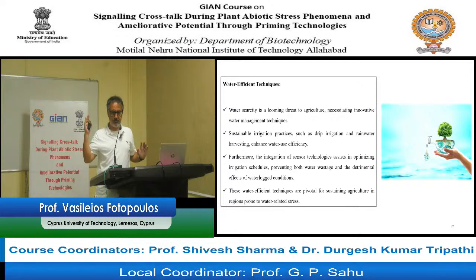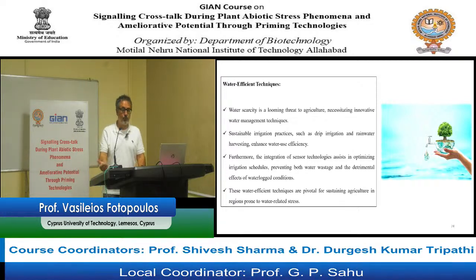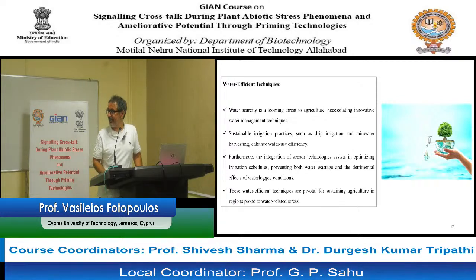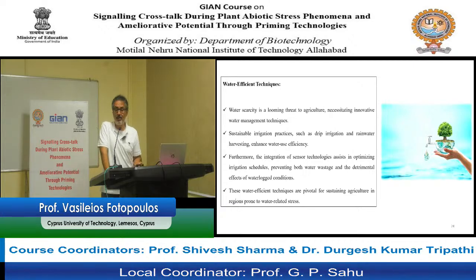One should always remember that water is most probably one of the most important factors to always consider. So water efficiency is key for improved farming systems, especially because water scarcity is an increasing threat for agriculture. Sustainable irrigation practices such as drip irrigation and rainwater harvesting are becoming more and more used, enhancing water use efficiency.